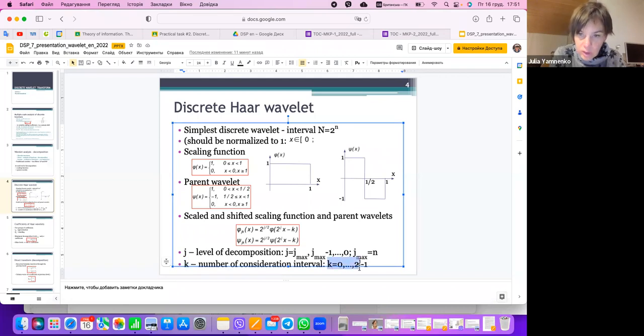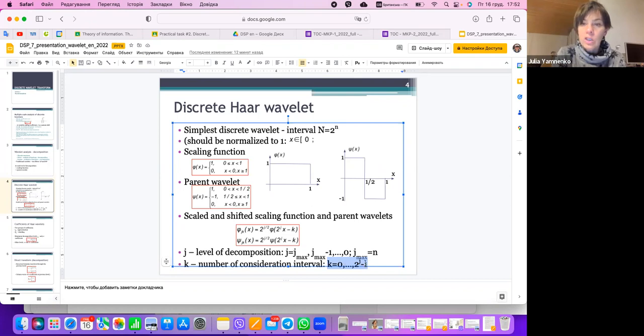Using this equation, you could understand this. So K is changing from 0, 1, 2, it is increasing till the maximum value 2 in the power J minus 1. So for the concrete fixed J level of decomposition, we will have some values of K. When we go to the next level of decomposition, K starts again, increasing from 0.